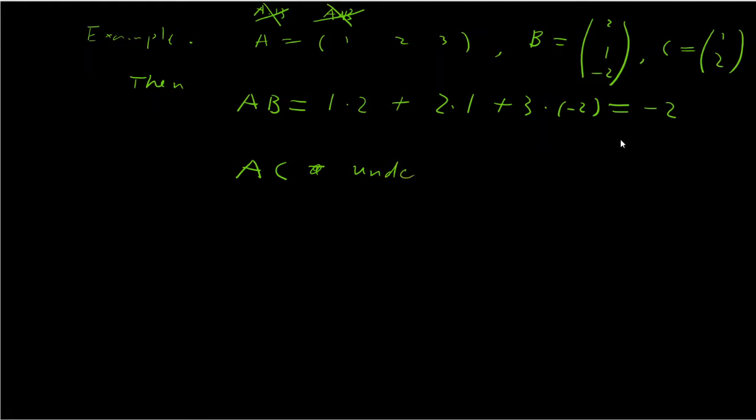We do not define the product of two matrices like that. Good enough? We just learned how to multiply a row matrix and a column matrix.